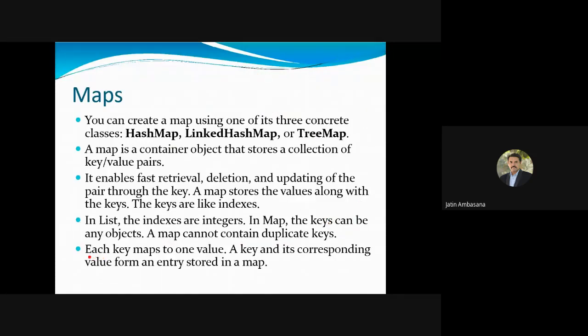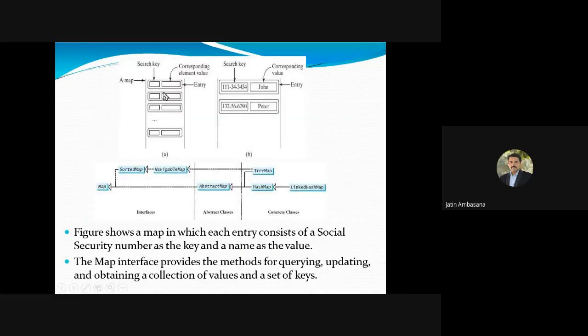Each key maps to only one value. Remember that also. Each key maps to only one value, because it's a pair. And a key and its corresponding value form an entry stored in a map. So it's something like this. The search key is there.